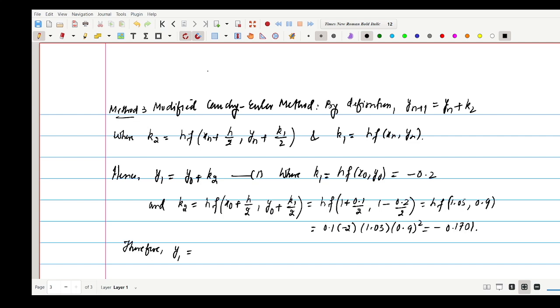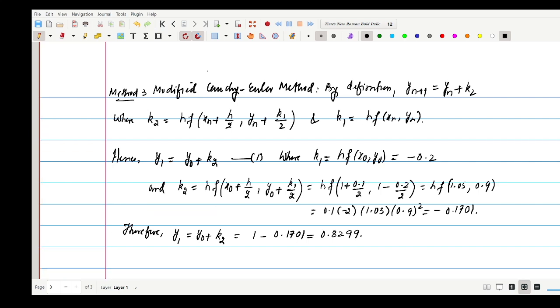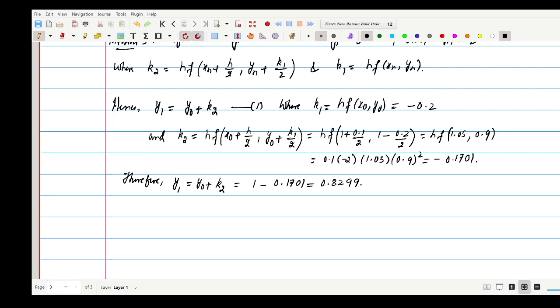Therefore our first iteration y1 is equal to y0 plus k2. Now y0 is 1, k2 is minus 0.1701. This finally becomes 0.8299. So that is our first iteration using the modified Cauchy-Euler method. Now similarly moving further, next y2 is equal to y1 plus k2.